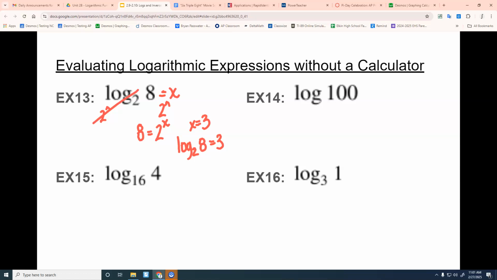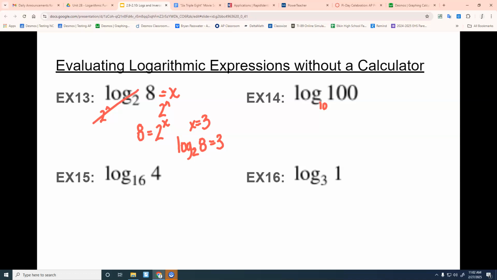So rewriting as an exponential is an option. Another option though that I'm afraid you might see more often here is rewriting it with the base. So like if we look at 14, what is the base on that? There's not one written. It's 10. This is a common log. It's understood that that's a 10.